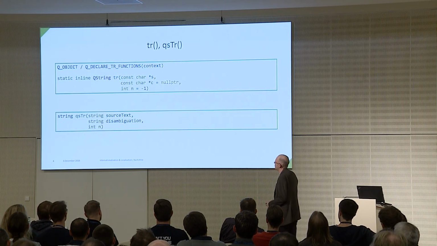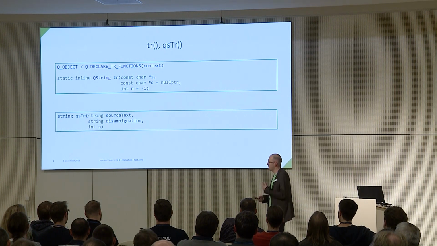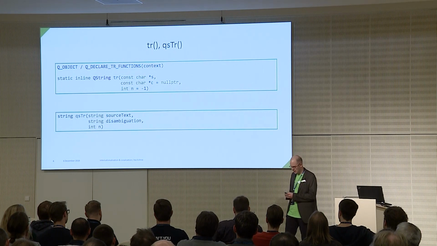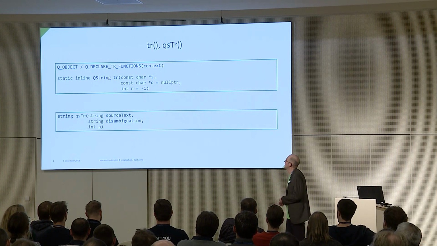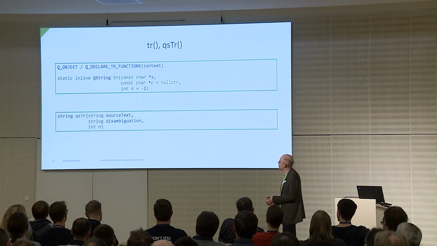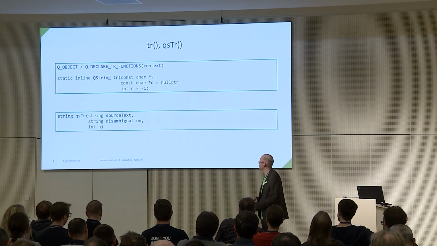Those are the two reasons why you have a context, and Qt early on decided to make that very easy for you and provide a default context. In C++, that's usually the class name. If you are calling tr inside a method of a QObject-derived class that you wrote yourself, then this is the context.